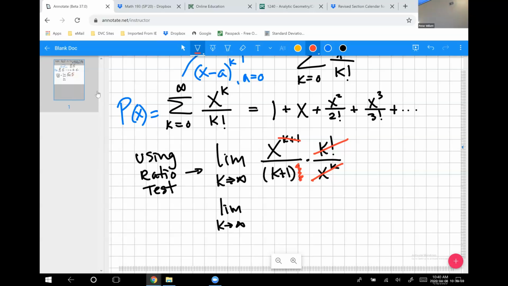So this gives us the limit as k goes to infinity of x divided by k plus 1. And we need to figure out when would this be less than 1. What x values would cause this to be less than 1?